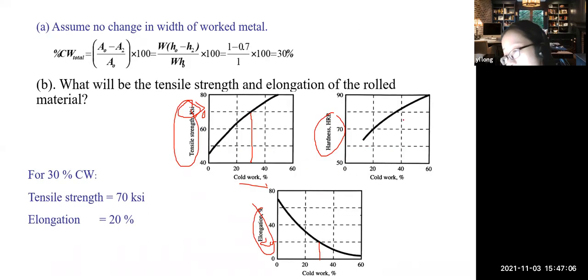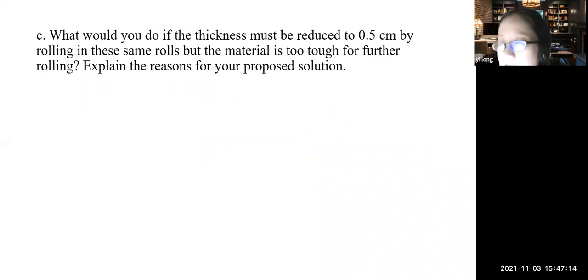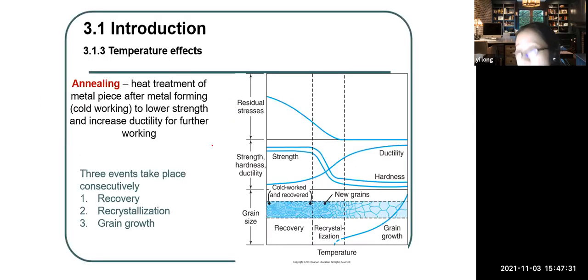If you keep giving it higher hardness, you cannot do any further process. So what can you do? Can you type the keywords here? Jonathan? Gerard? Annealing. Excellent, excellent.